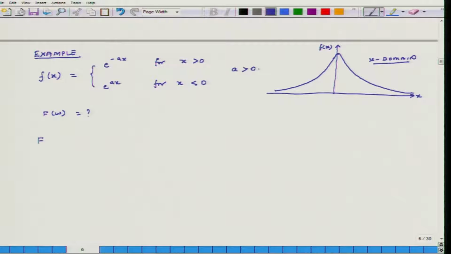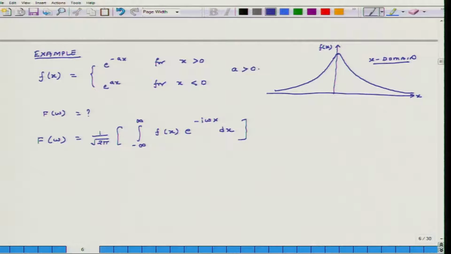So F(omega), this is a function, we do not get discrete values, it is a function, and that equals 1 over the square root of 2 pi, integral from minus infinity to positive infinity of f(x) e to the power of minus i omega x dx. Instead of t I am just putting x here.